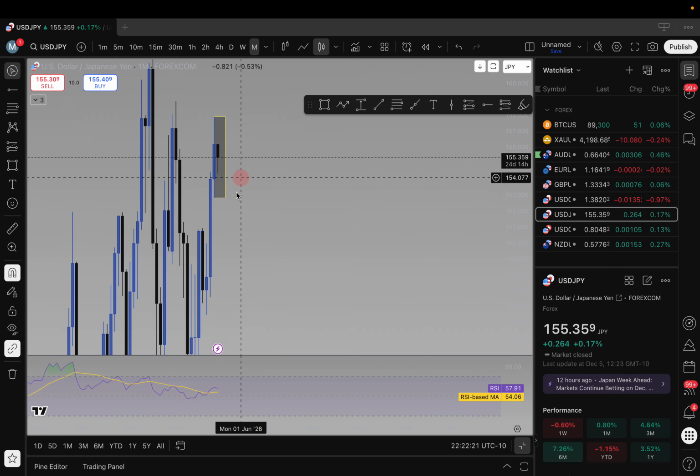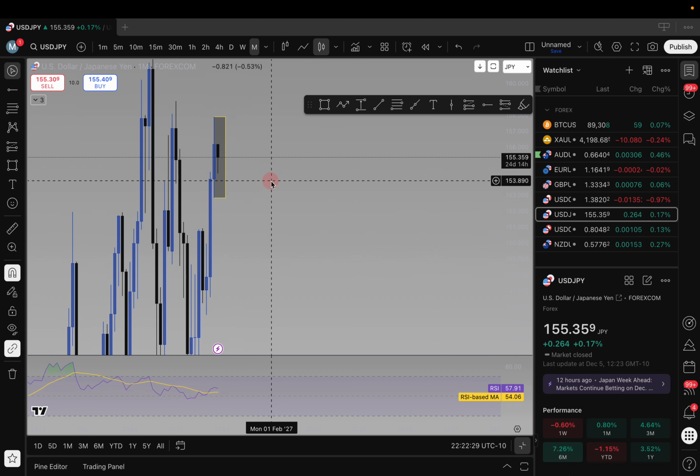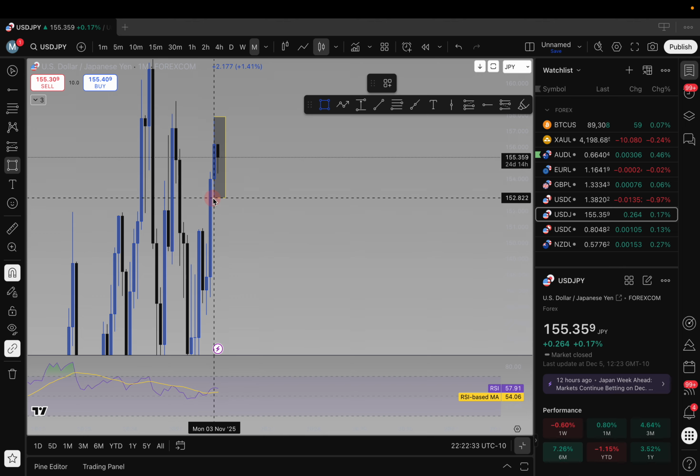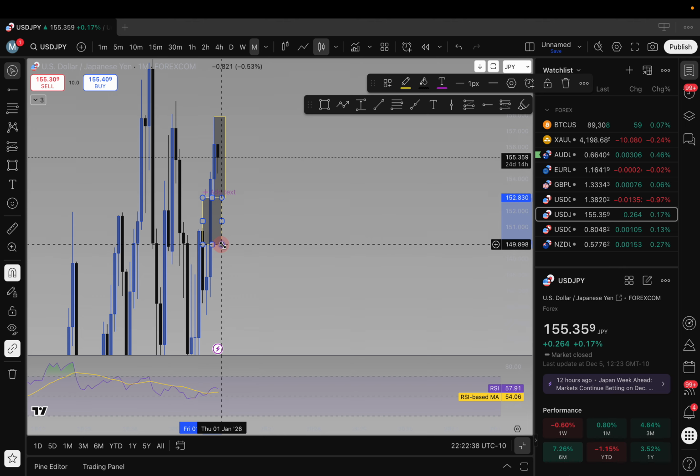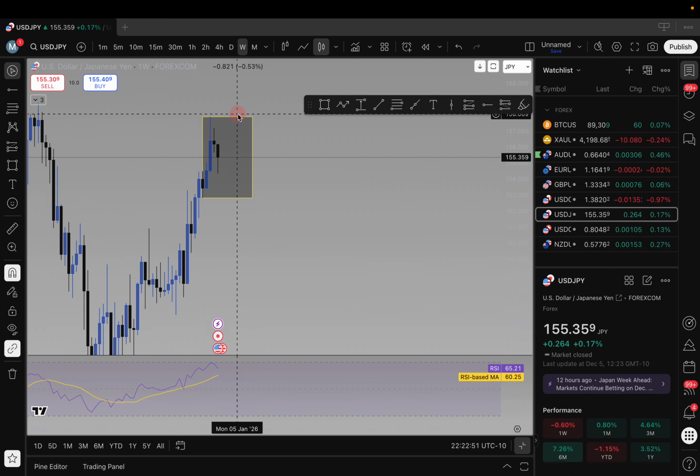We are on a bullish because it broke this previous structure, our previous candle. But I feel like because there's a huge imbalance over here, right? This is a huge imbalance right here. I feel like it's gonna correct on this month. That's what I feel. So let's go down to weekly.